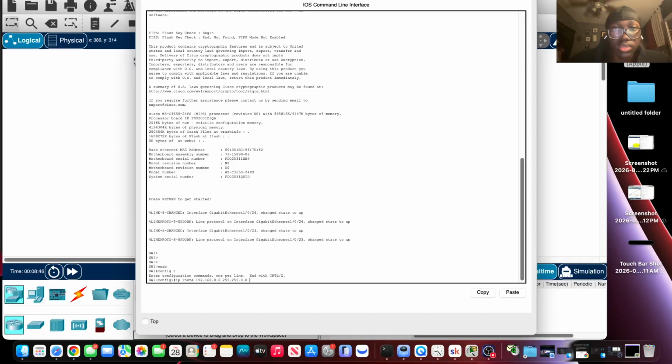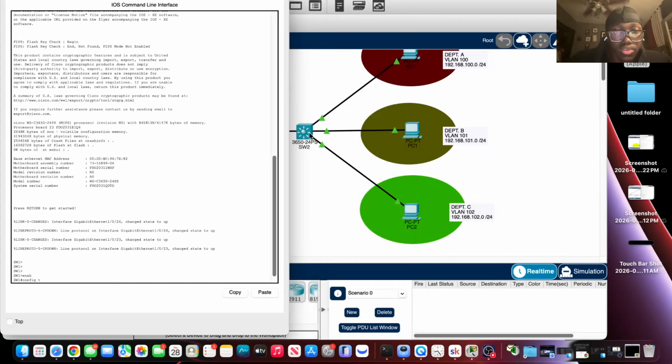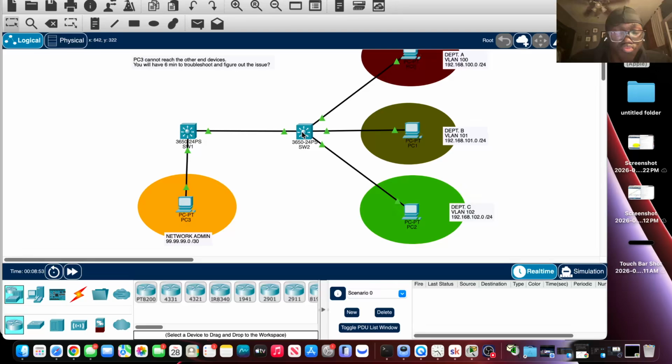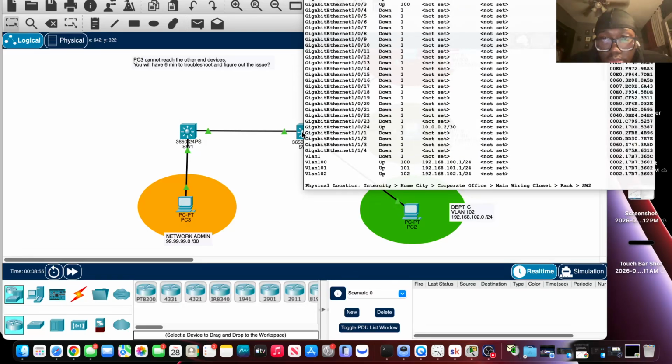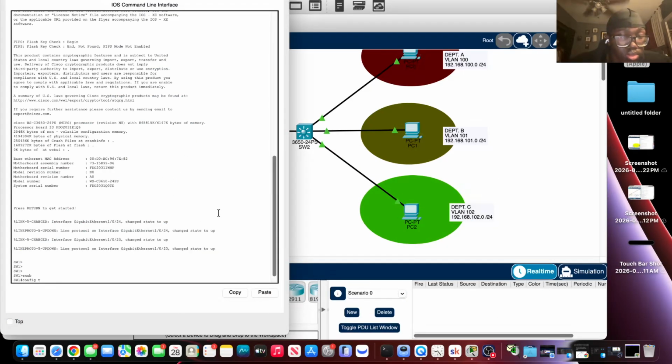Then the next hop IP address, next hop IP address, 10.0.0.2.